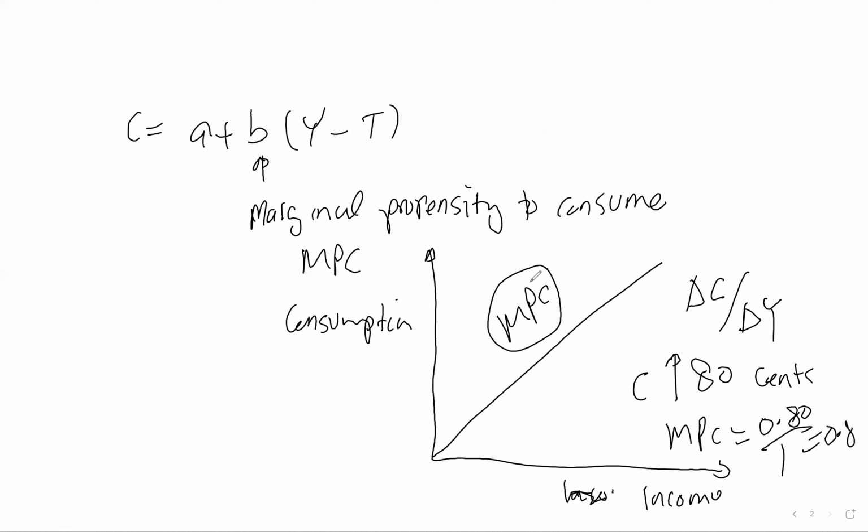So they're going to save the money instead. But at lower income levels, marginal propensity to consume tends to be much higher, as most or probably all of the income of that individual must be devoted to subsistence consumption.